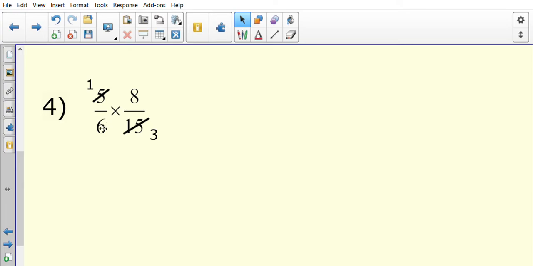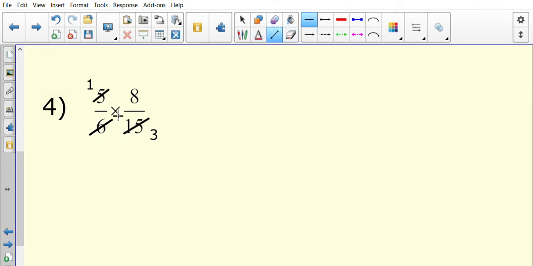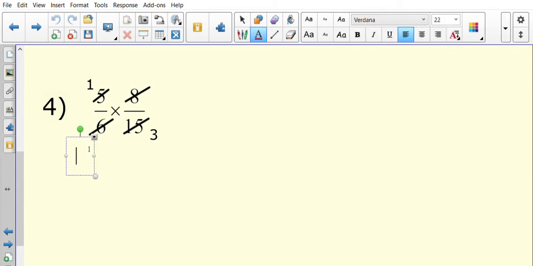This time, I can also divide the other diagonal. 6 and 8 are both divisible by 2. So 6 divided by 2 will leave me with 3, and 8 divided by 2 will leave me with 4.